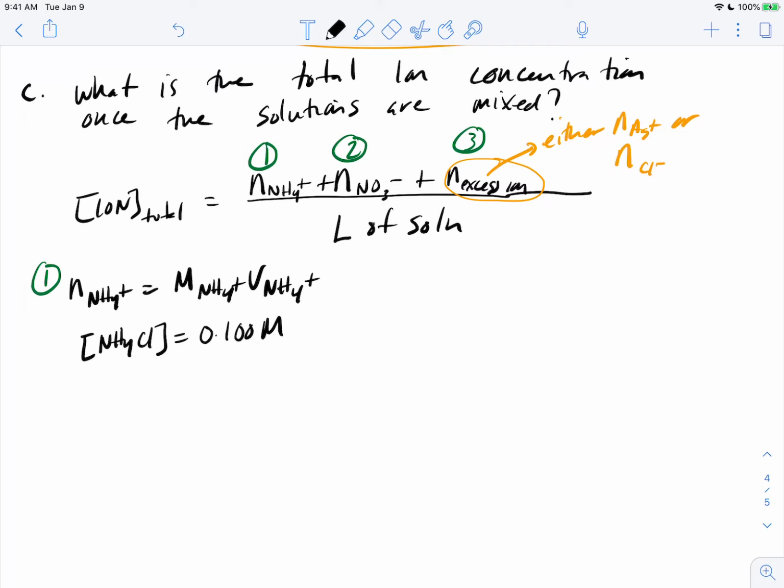And for every 1 mole of ammonium chloride, we get 1 mole of ammonium.